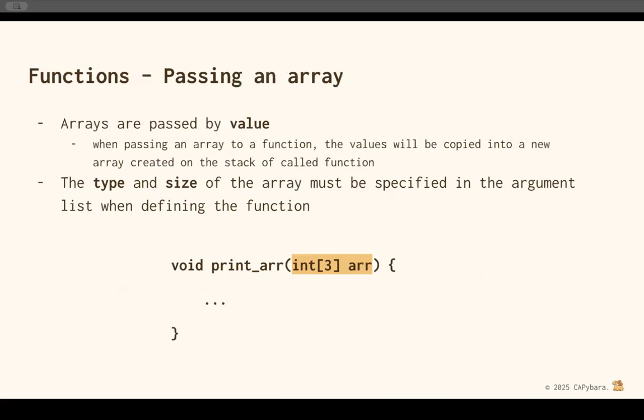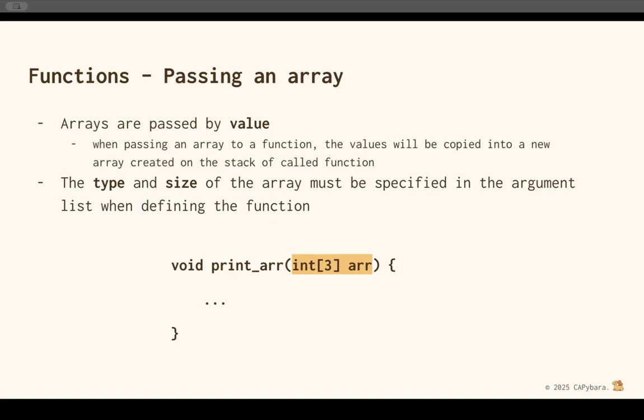For functions, we chose to have Capybara allow users to pass arrays as an argument to these functions, and we specifically wanted pass by value semantics for arrays, which are similar to how structs are passed in C. So when the caller passes an array, the callee will allocate space on its stack and then deep copy each of the elements of the array to create the local copy that the function body can then use.